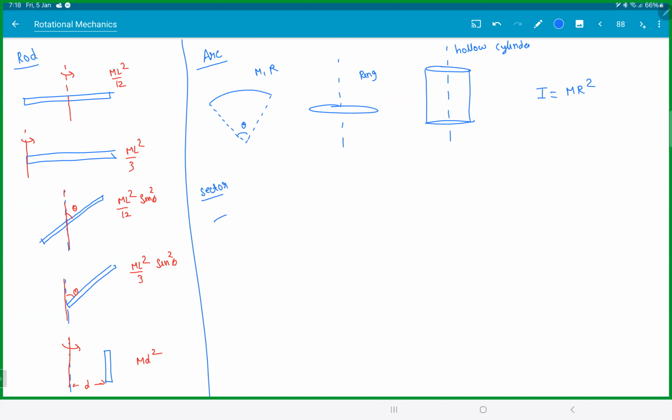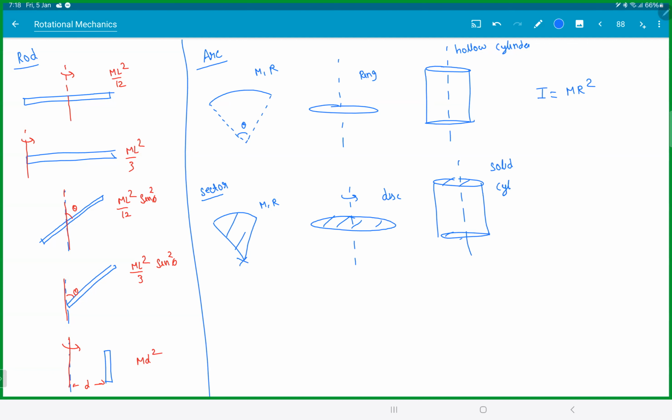Sector, disk, solid cylinder, I is equal to mr square by 2.